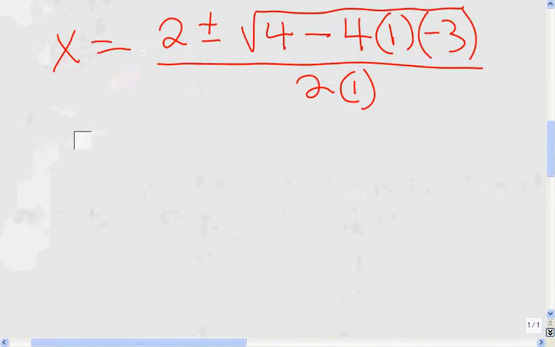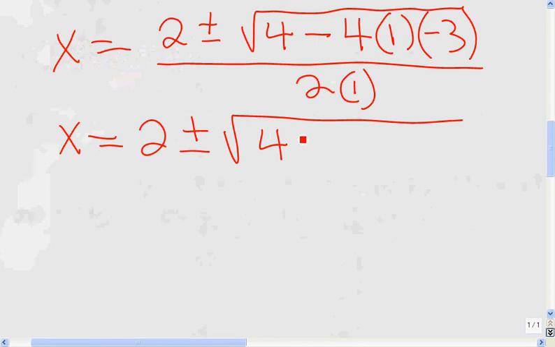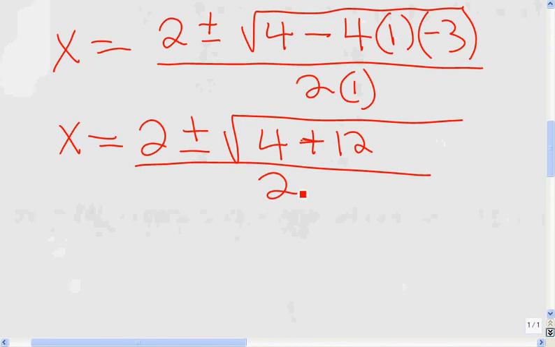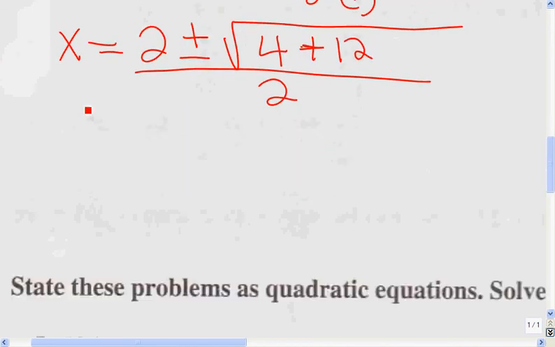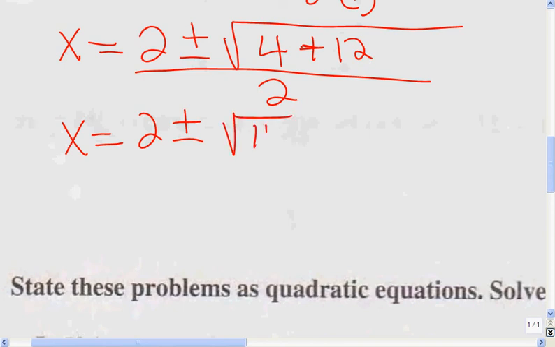Now x equals 2 plus or minus the square root of 4 minus 4 times 1 times negative 3. Well, no, hold on. 4 times 1 minus 4 times 1 is a negative 4, and negative 4 times a negative 3 is a positive 12, because a negative times a negative equals a positive. So 4 plus 12 is 16, and the square root of 16 is 4.